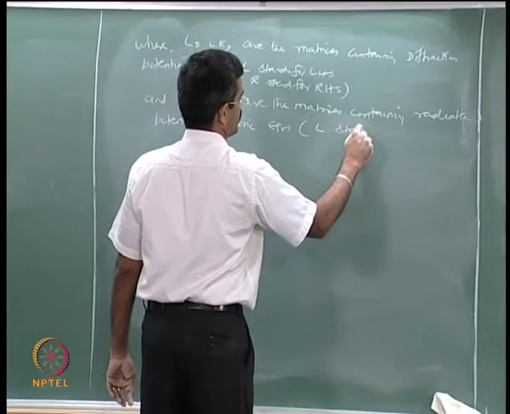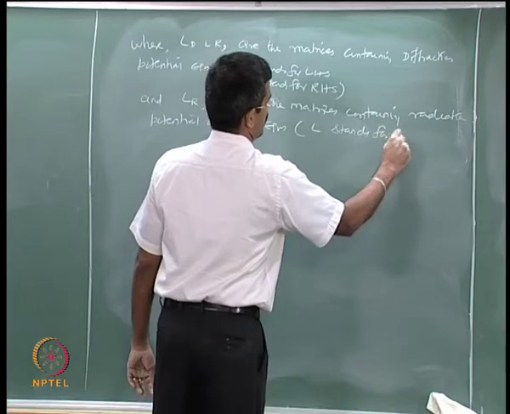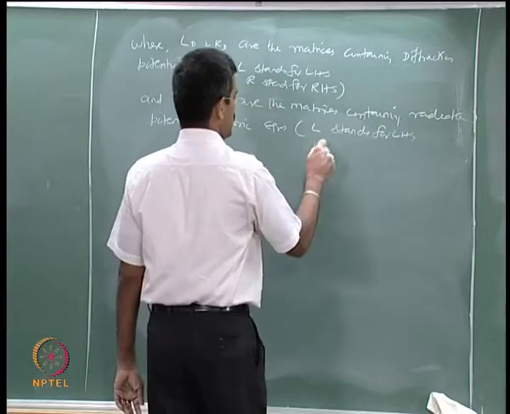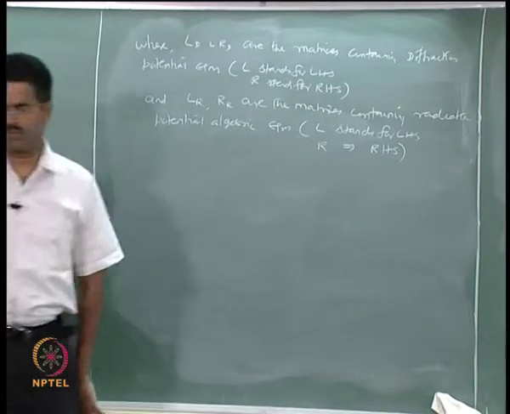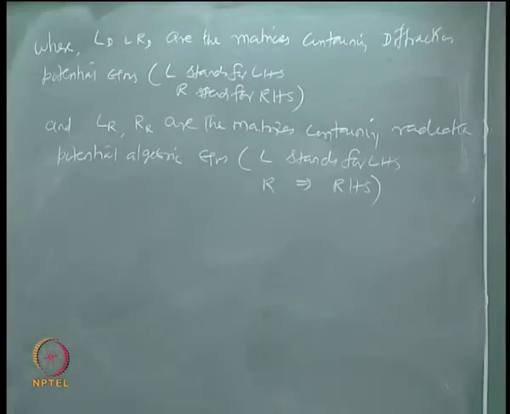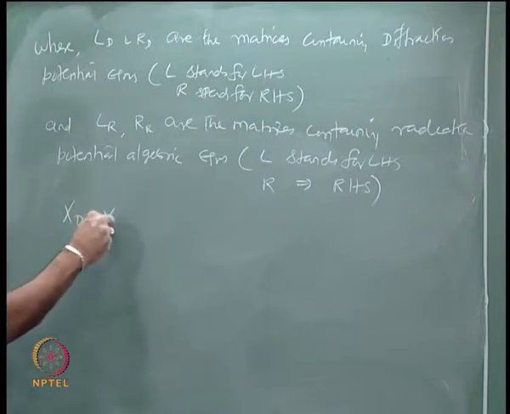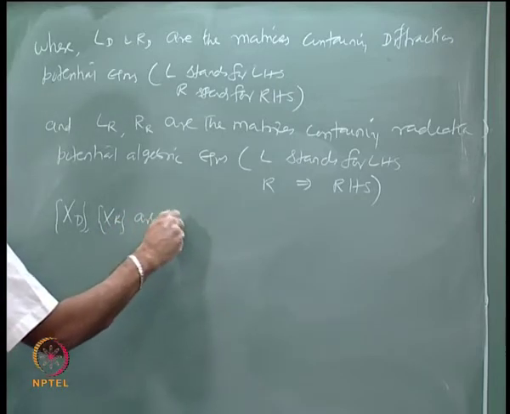Similarly, L stands for the left hand side of the equation and R stands for the right hand side of the equation. XD and XR are the unknown coefficients.